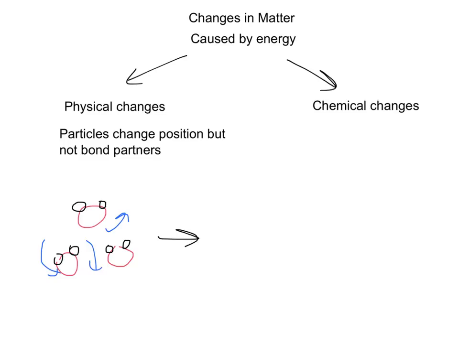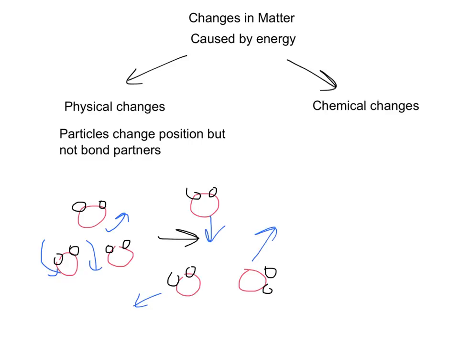If they do that, they're going to be the same particles, just further apart. So you'll have the same basic structure for the molecules, but the difference will be how far apart they are and nothing else. So that's a change in position, but not bond partners.